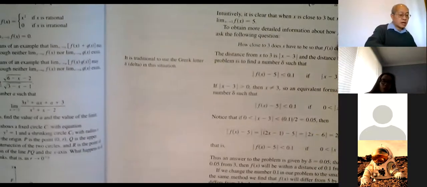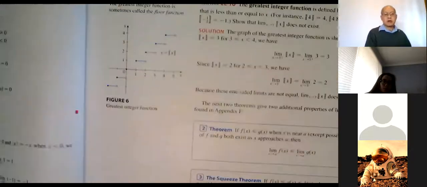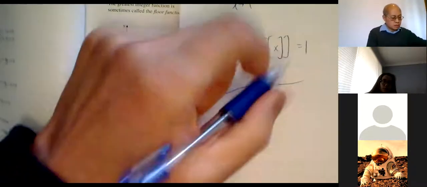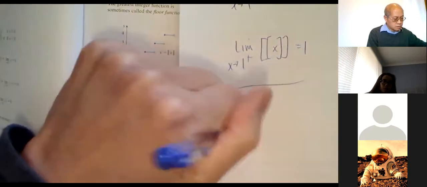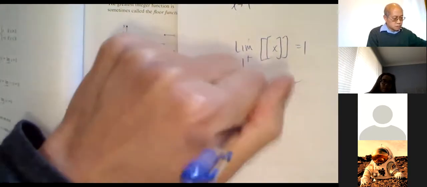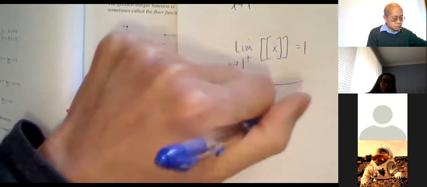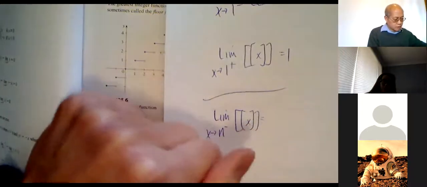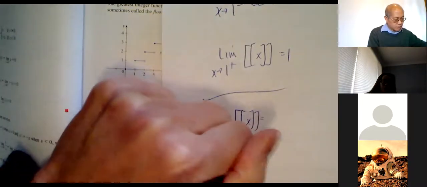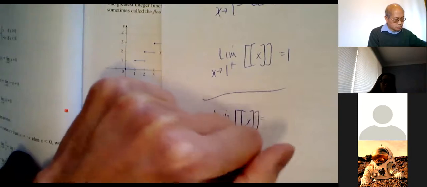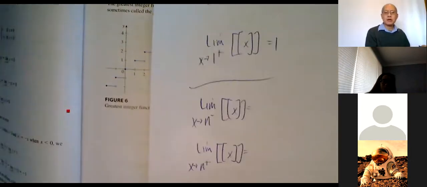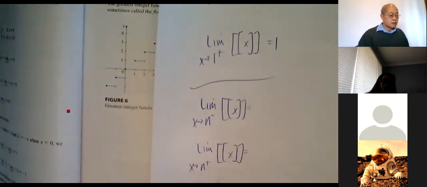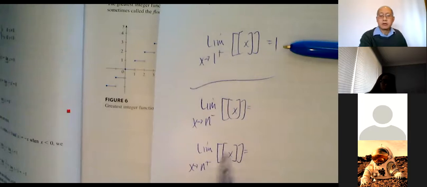So got to get back that graph. So here was the graph. Limit as x approaches n from the left, limit as x approaches n from the right. Okay. So look what happened over here.